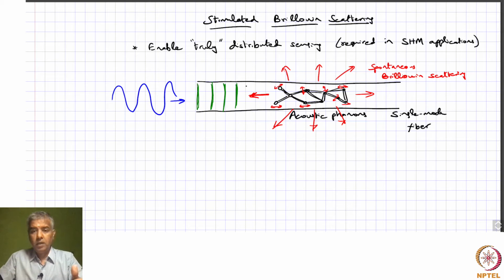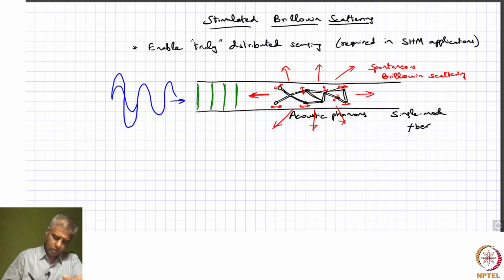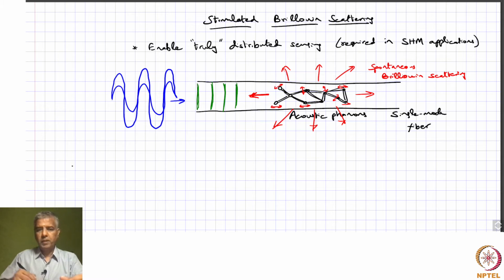in this fiber. Now as you increase the amplitude of your incoming wave, as it becomes stronger, the corresponding backscattered component is also going to be more.